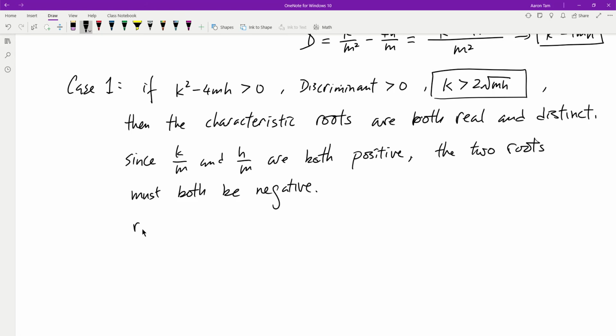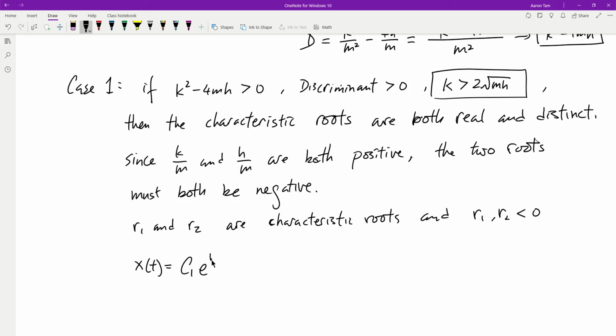So therefore, in this case, let's say the two roots R1 and R2 are the characteristic roots, and R1 and R2 are both less than 0. So they're both negative. Then what will the solution look like in this case? The solution x of t will have to be in this form: C1 e to R1t plus C2 e to R2t.